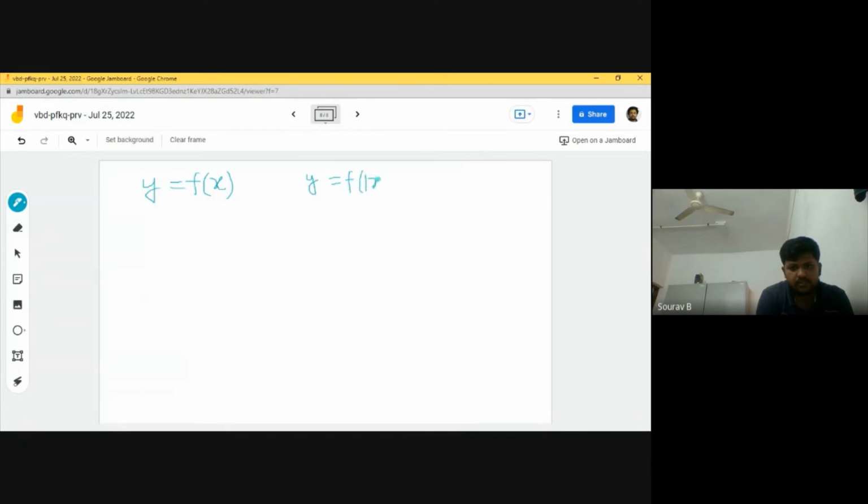Okay. So something is given and you have to find something. This one you have to find. So let's see how we can tackle it. Suppose this is your y equal to f(x) curve.